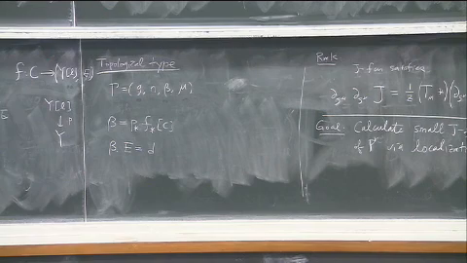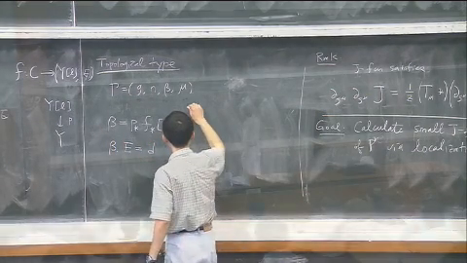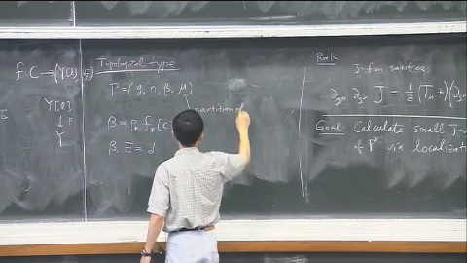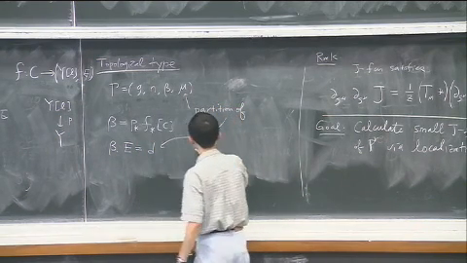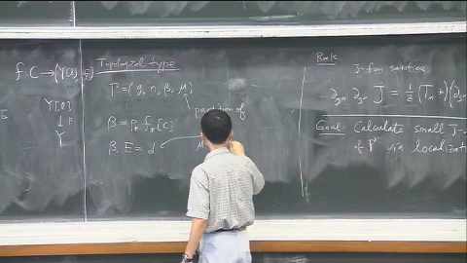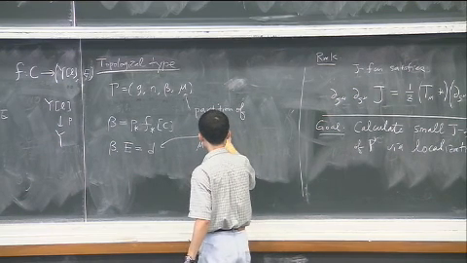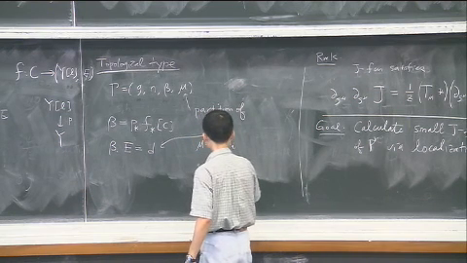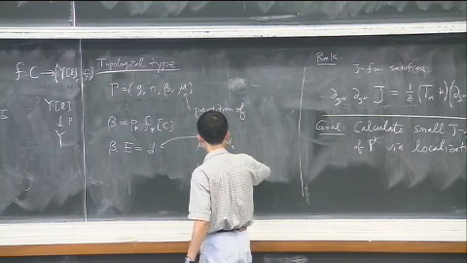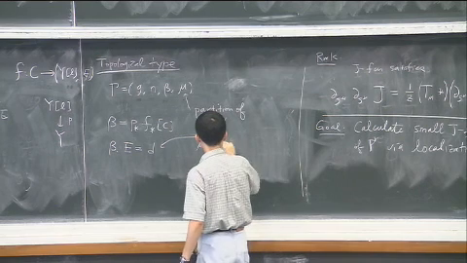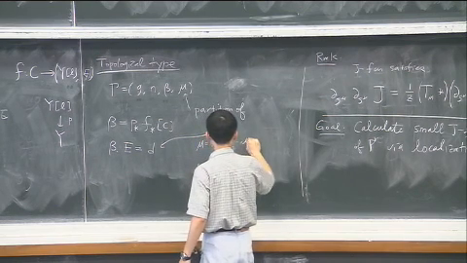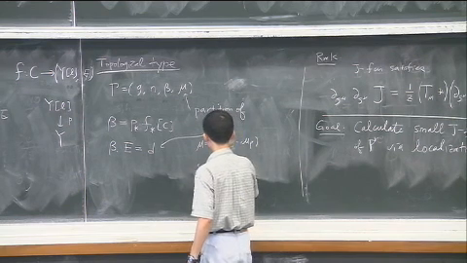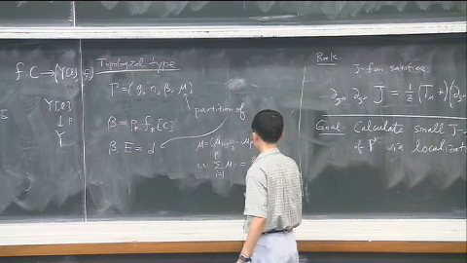I'm going to choose a partition: mu is a partition mu_1 up to mu_rho such that the summation of mu_i from 1 to rho is the same as beta dot E.